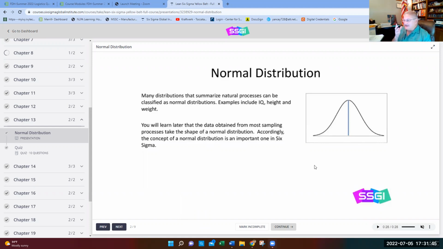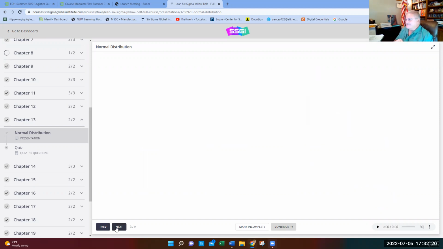And this is ideally what your data is going to tell you about your operation, that it's somewhere in the middle where most of the production, or most of the time that it takes to complete some type of service, is falling. You're going to have some outliers down here on the bottom ends of this hump, but for the most part, they're somewhere around the middle. And that just means that they're operating in a normal manner.